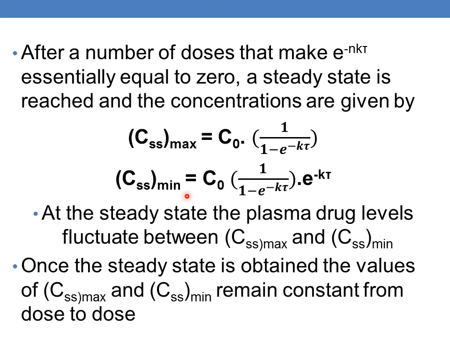We will discuss the importance of CSS max and CSS minimum in our next session. With this, we complete the mathematical model for one compartment, multiple dosage IV bolus administration.